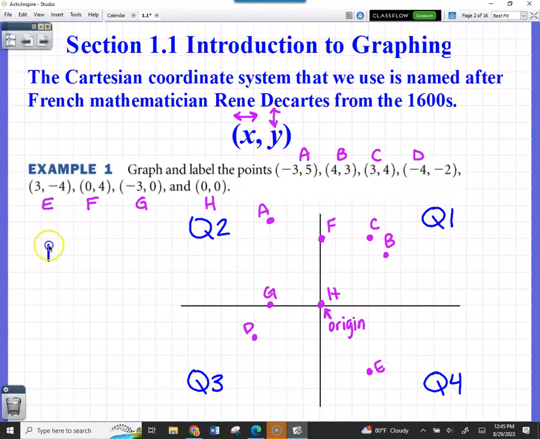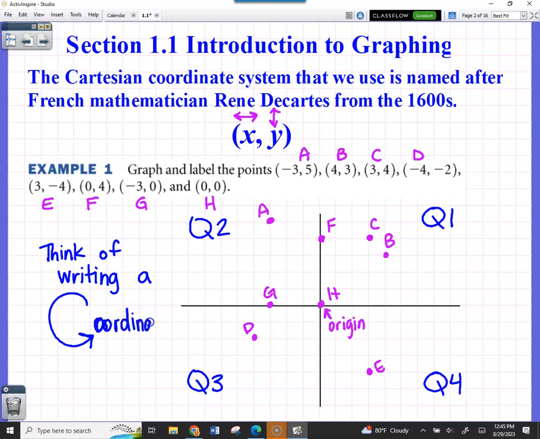Right here. Think of writing a C, for coordinate plane, when labeling quadrants.